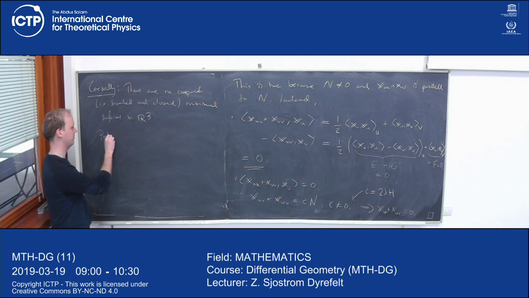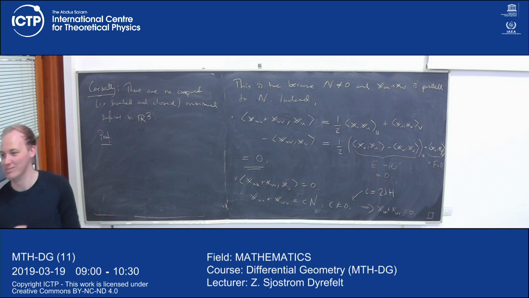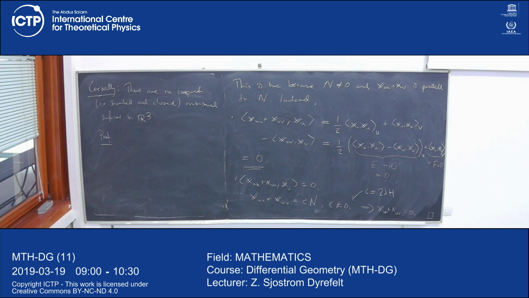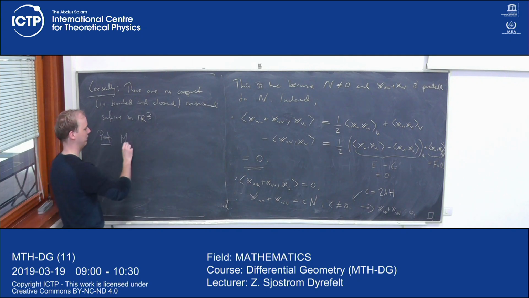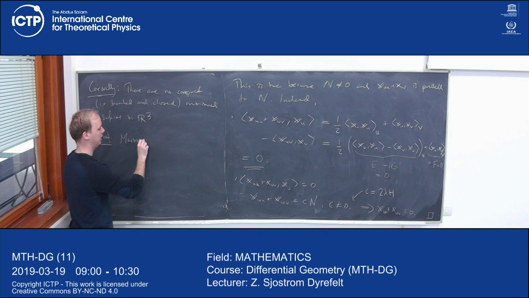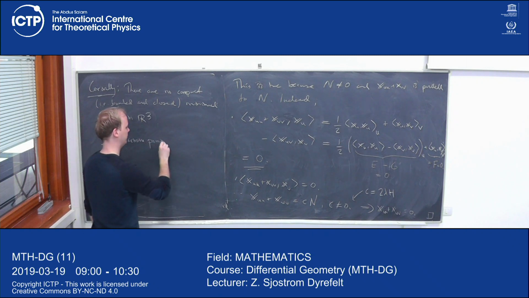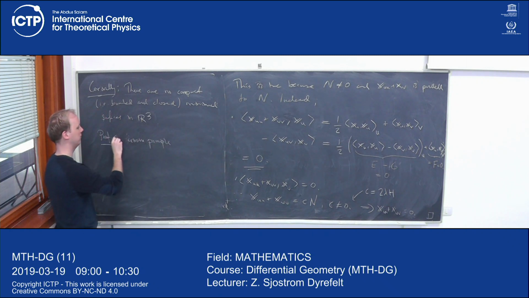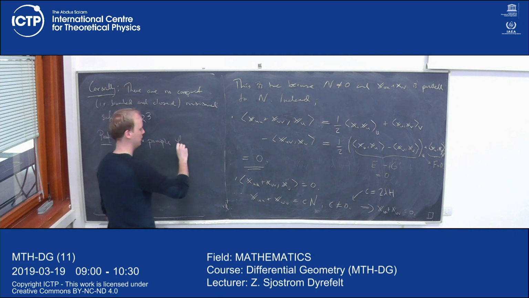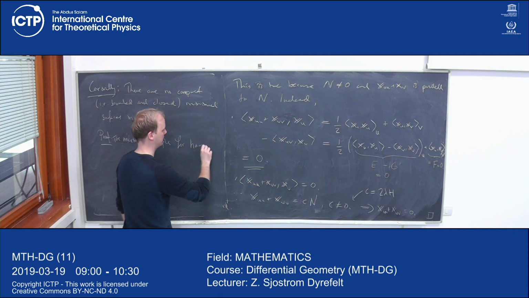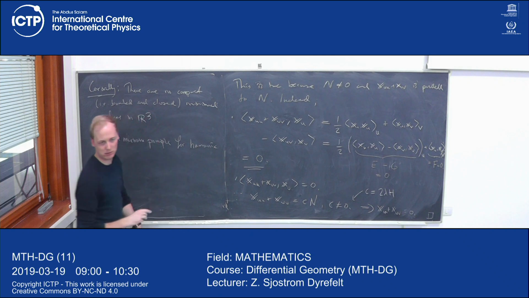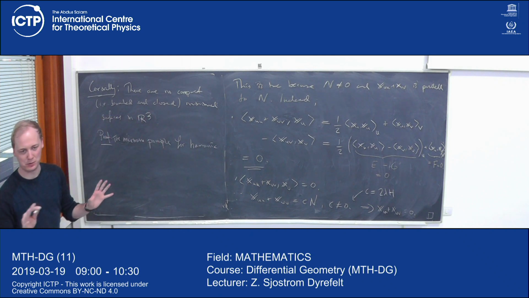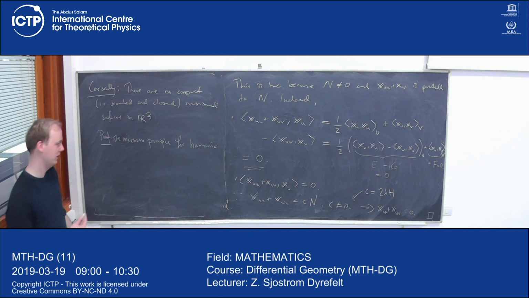Why is this? Because of harmonic functions on a compact set. Exactly, because of the maximum principle for harmonic functions. We will not prove it, but it is something well known that exists.